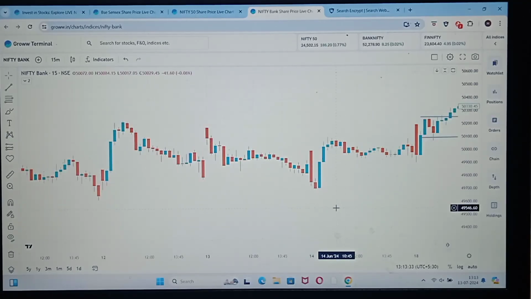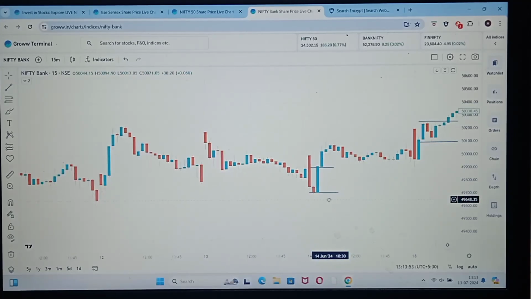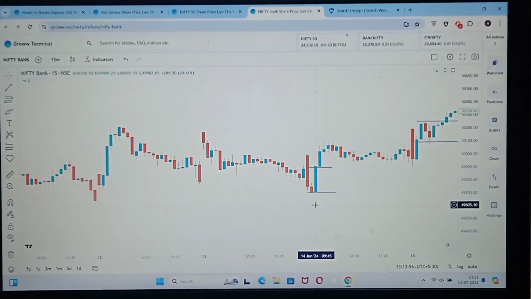Let's see the 14th June chart. On 14th June we will mark the high and low. The 9:45 candle is bullish, a big green candle.